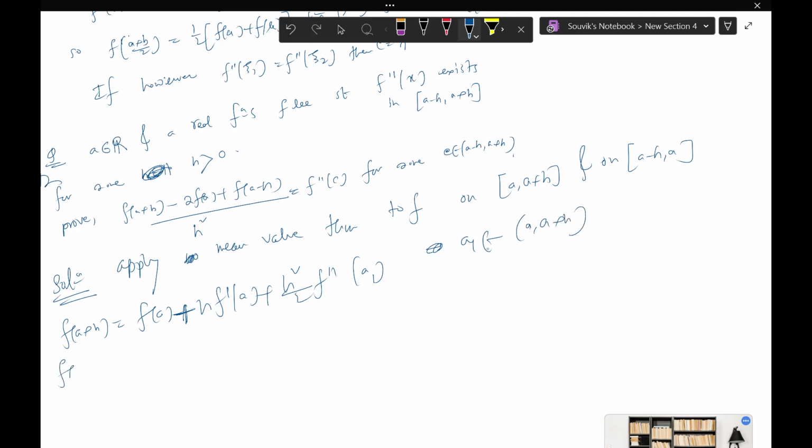And now f of a minus h is equal to f of a minus h f dash of a plus h squared by 2 factorial f double dash of a2, for some a2 in (a minus h, a).